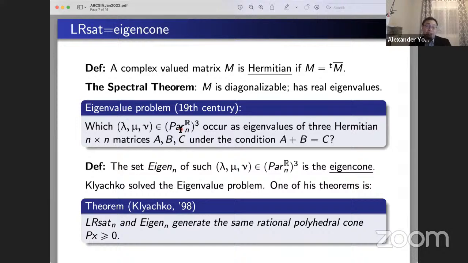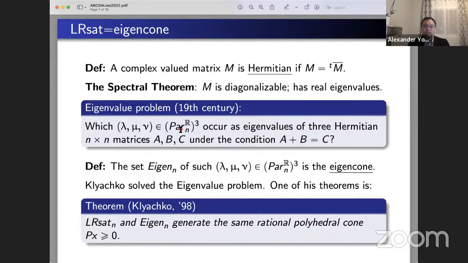I think that answer is absolutely amazing. It's amazing that it's true, because what does representation theory of the general linear group have to do with eigenvalues of Hermitian matrices? Remarkable.